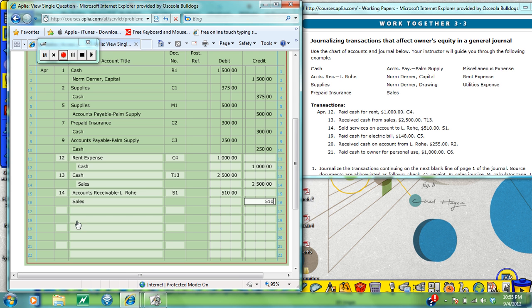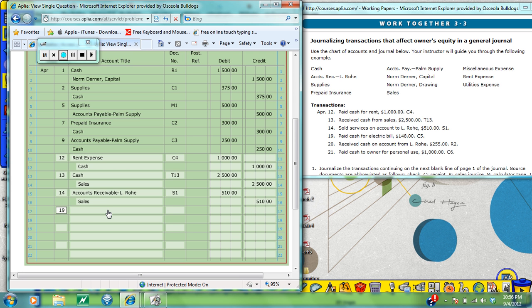Okay, on the 19th, paid cash for electric bill for $148, C5. There's no electric account, is there? Well, utilities expense. Because you don't want to do electric bill, gas bill. You could if you needed to analyze where your utility bills are too high. Maybe you need to cut back on the amount of water.